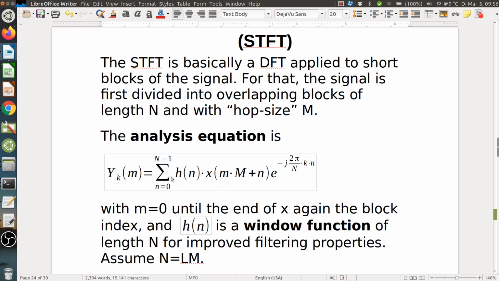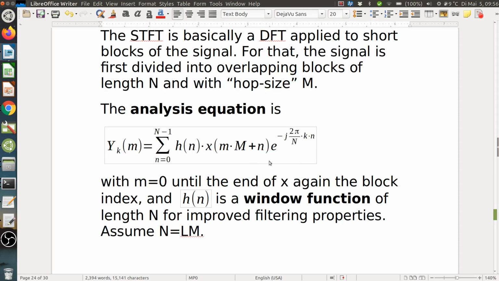You can imagine this window function as fading in and out of this block. In the beginning you would have small values or 0, and in the middle larger values. It looks maybe like the sine window or a raised cosine, just to give this Y_k better frequency resolution, meaning higher stopband attenuation.